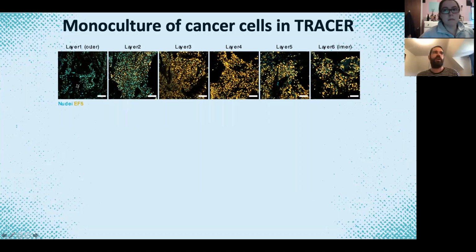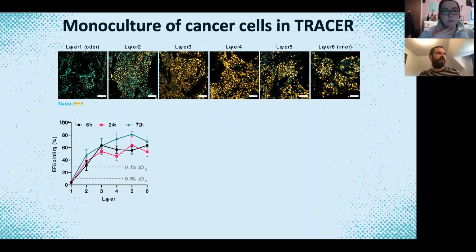So there is not much yellow. But as soon as you arrive at layers 3, 4, 5, 6, you see more and more cells that are hypoxic. If you quantify this picture, you see that in layer 6 there is more signal, so more hypoxia, than in layer 1, and you can keep this gradient for days. So that shows that the first claim, that you're having a graded environment, works.